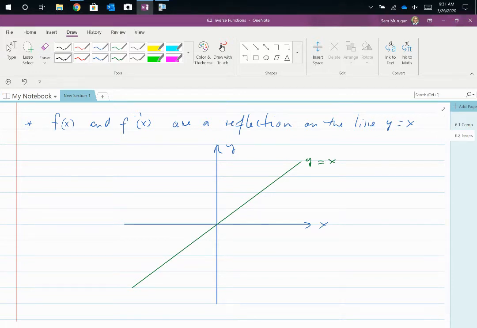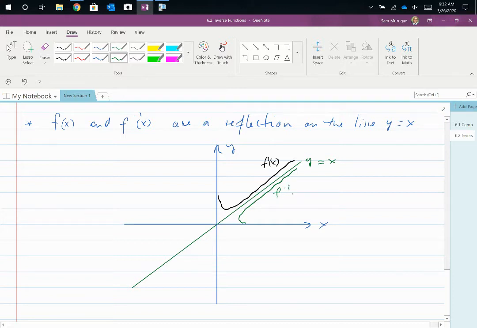Let's see. So if I had a graph perhaps that looks like this, and call that f of x, the inverse would be a graph coming this way and nicely reflected on the line y is equal to x.